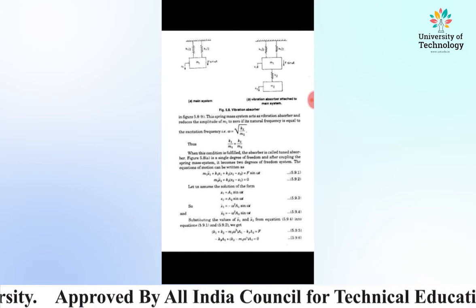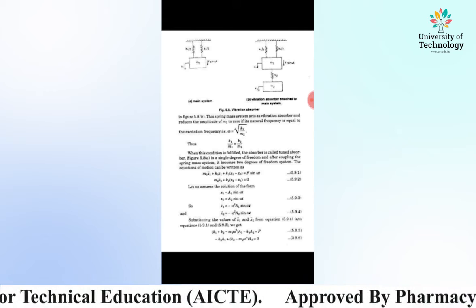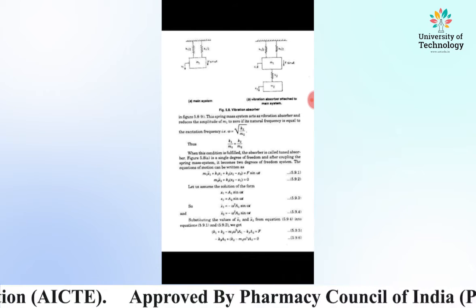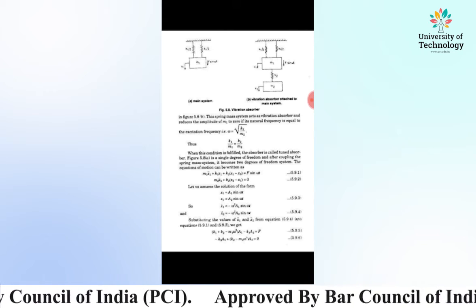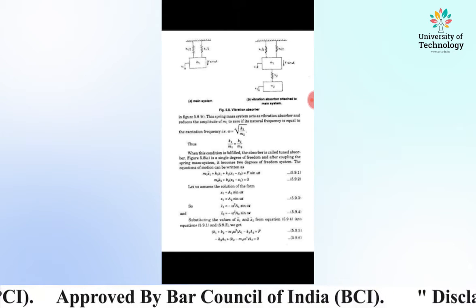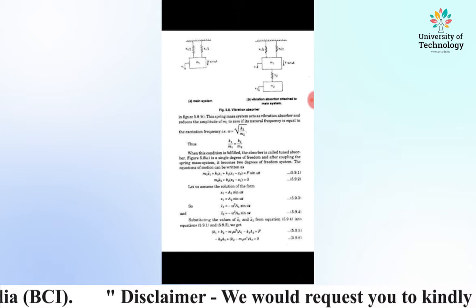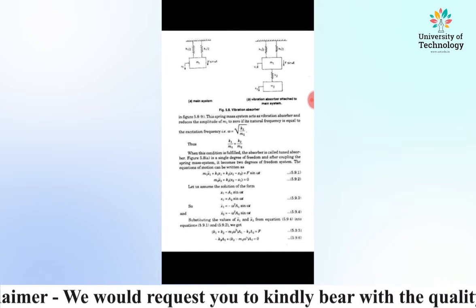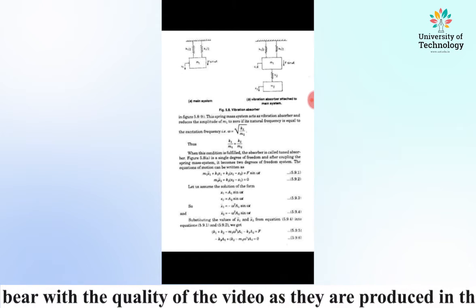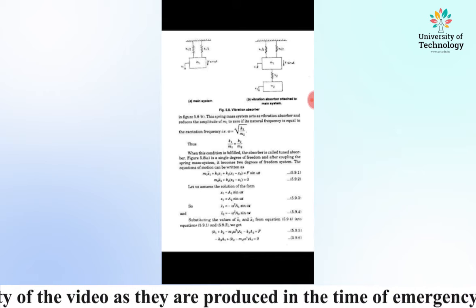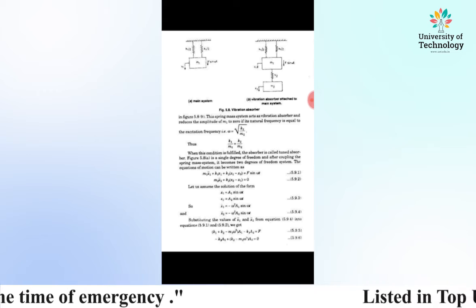By assuming the values of x1 and x2, we have x1 is equal to A1 sin omega t, and x2 is equal to A2 sin omega t. The x1 double dot is the acceleration vector, x2 double dot is also the acceleration vector, that is equal to minus omega square A2 sin omega t.